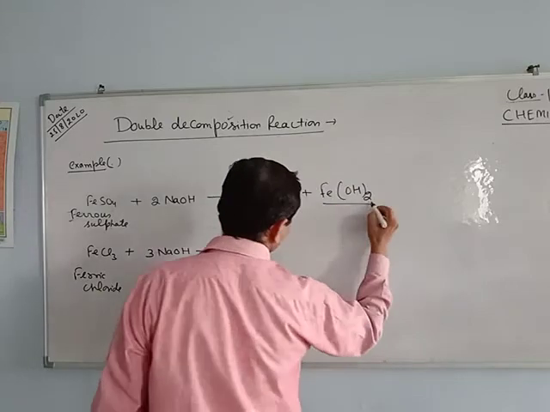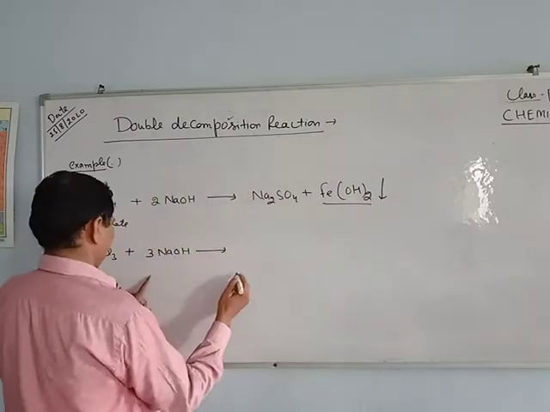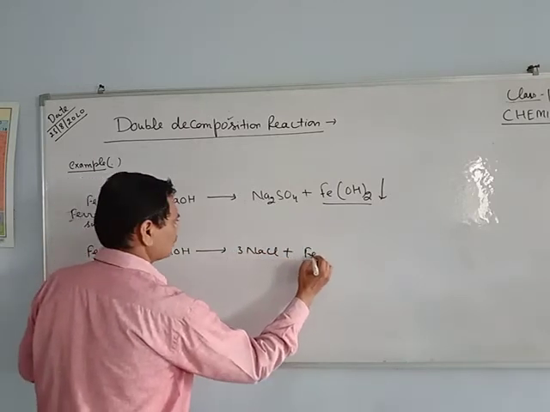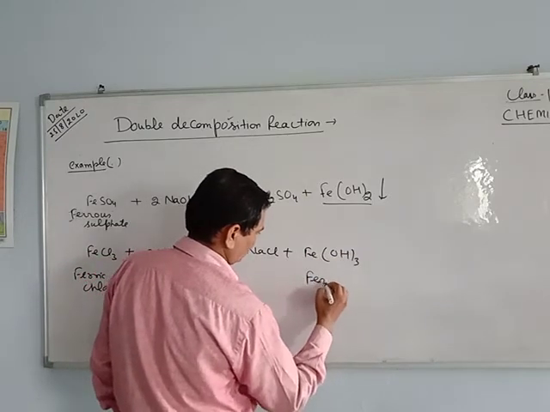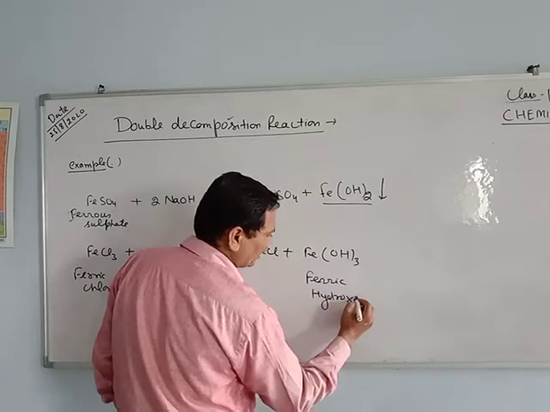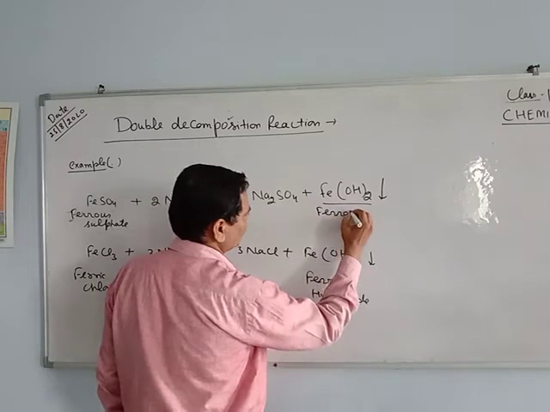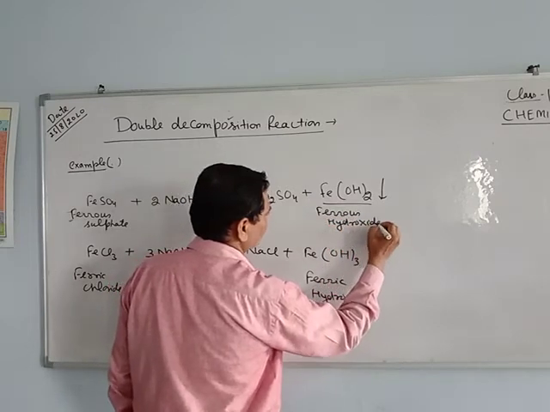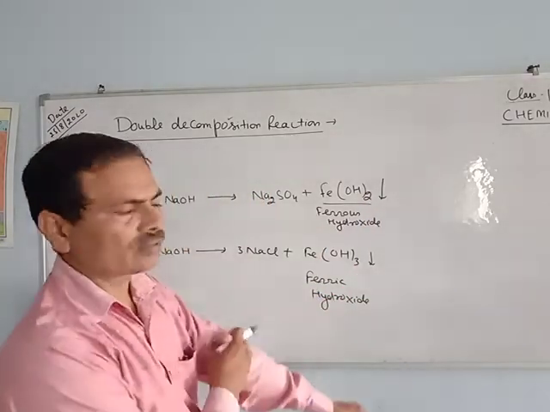And ferric chloride gives sodium chloride plus ferric hydroxide. We get a precipitate of ferrous hydroxide, and this is the ferric hydroxide.